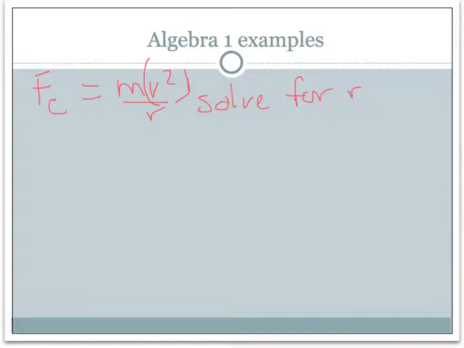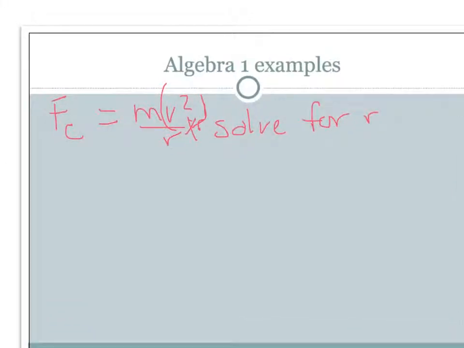Just like on the last example, I'm going to eliminate the fraction first. So I'm going to multiply both sides times r. Okay. That gives me F sub c times r equals m times v squared.